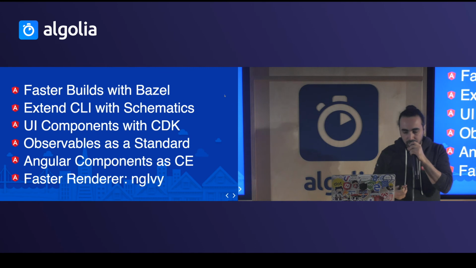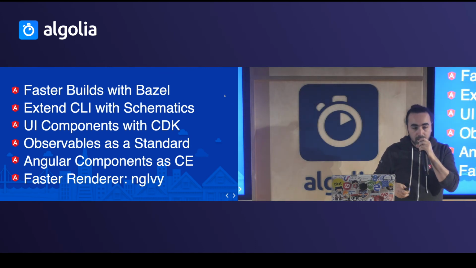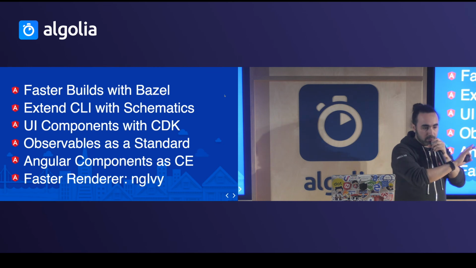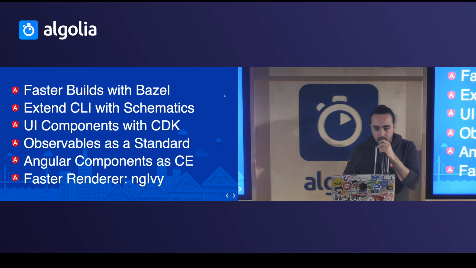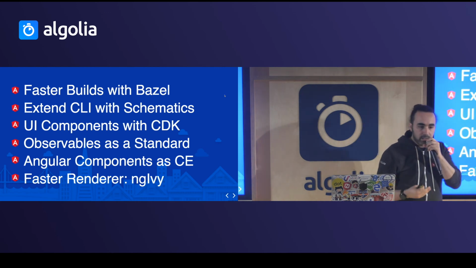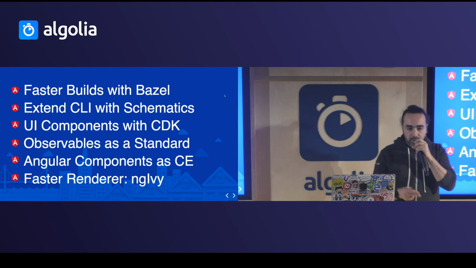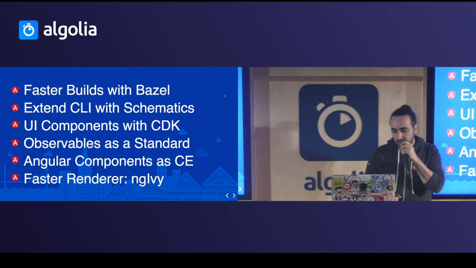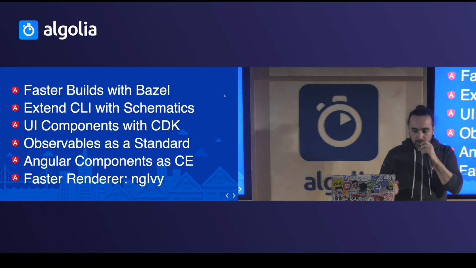So, for instance, you could write a schematic to automatically convert modules to lazy loaded modules in one single command. Again, the CDK in your UI components for free, observables in the DOM, components as web components, and also a new renderer.